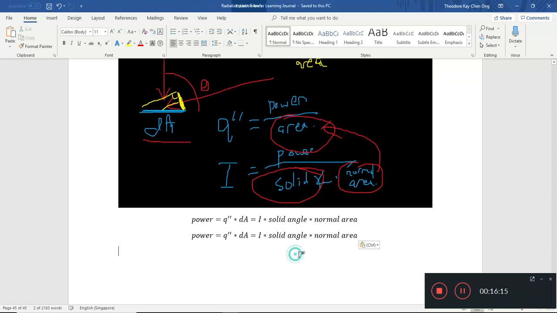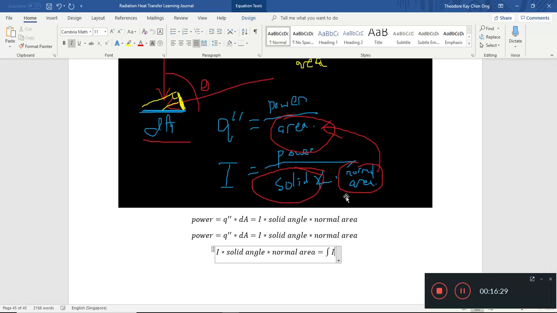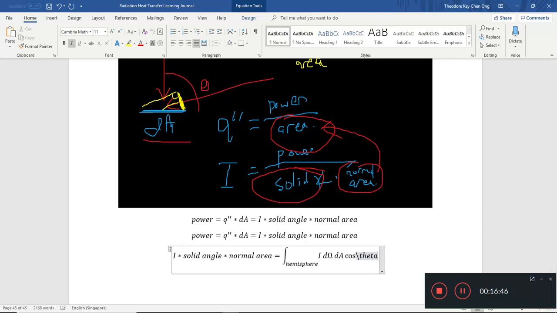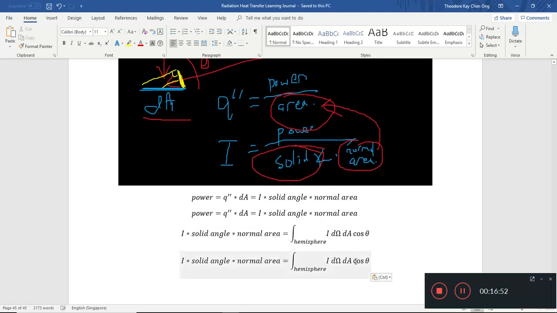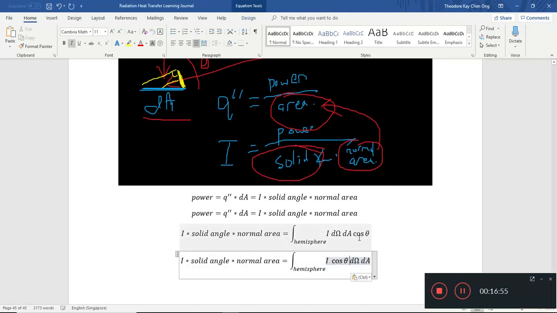So this right hand side should be as follows. Integral of I, over the hemisphere, I d omega, so that's integrating over all solid angles, and the normal area is dA cosine theta. So let me bring this cosine theta in, right?